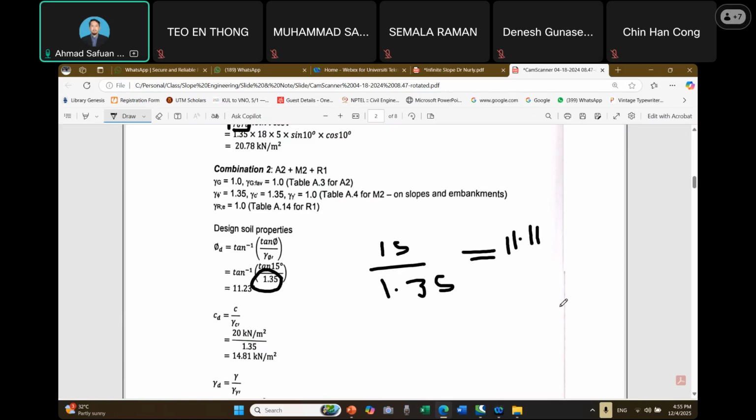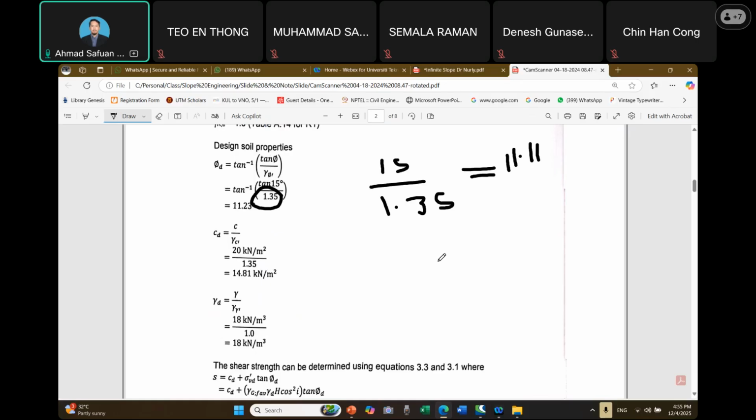Although the value is not too huge, 11.23 compared to 11.11, when we want to use it for the design of the shallow foundation, a domino effect happens.